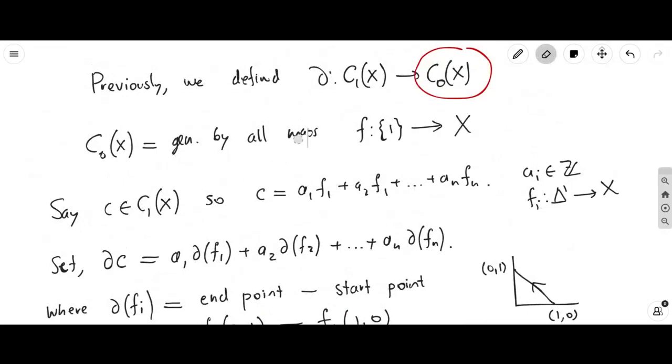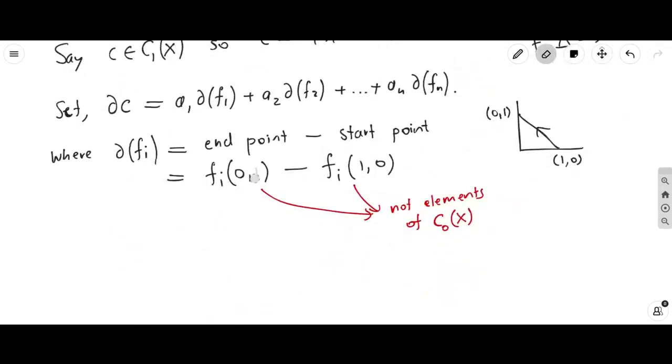It is defined by all mappings that map the number 1 into X. So really, this has to be a mapping, and you see it's being evaluated at the number 1. So the correct way to do it is you really have to write it like this.